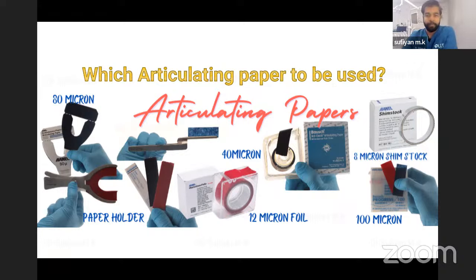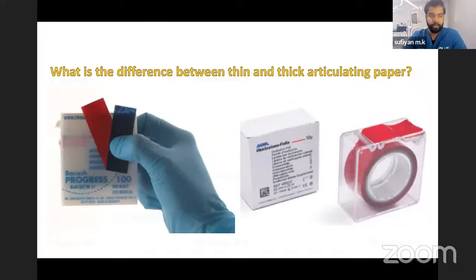So which articulating paper is to be used? Based on thickness, there are 100 microns and 200 microns, the thicker ones, which can be used for removable prostheses. The medium ones, that is 40, 20, or up to 65 or 80, can be used in crowns or bridges. And the thinner ones, that is 8, 10, 12, 20 microns, can be used in implant prostheses. So what is the difference between thin and thick articulating papers?